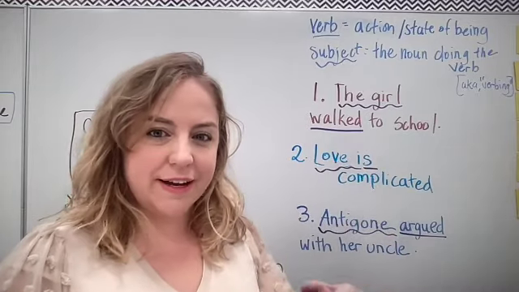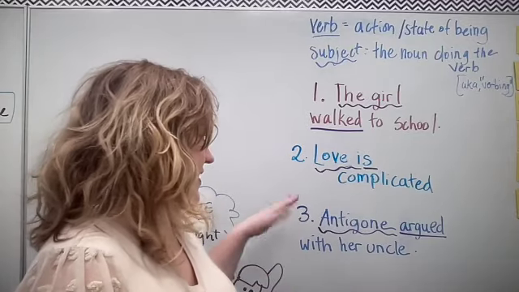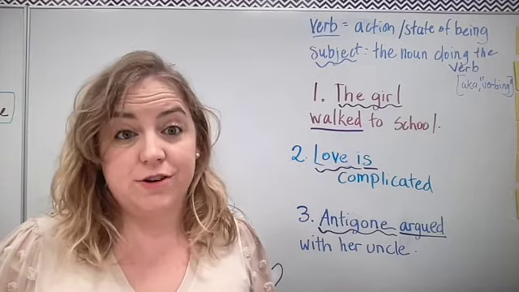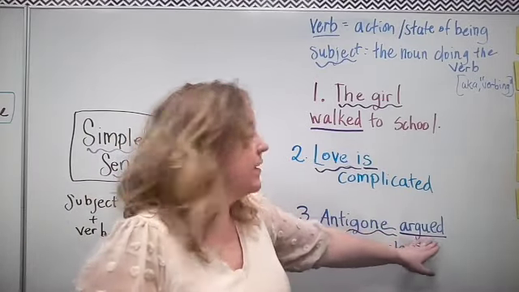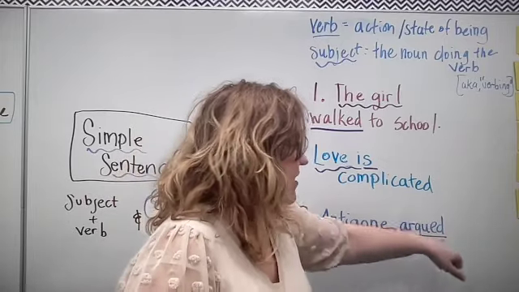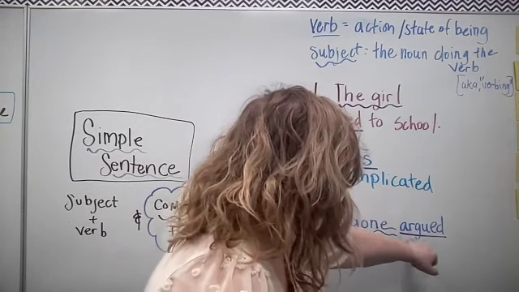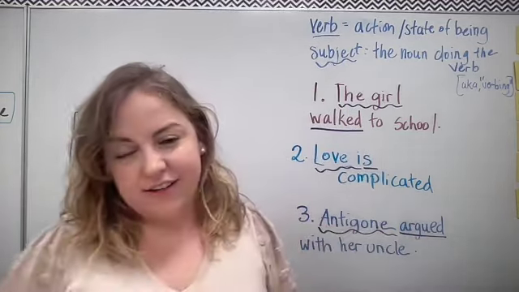What about this third sentence? "Antigone argued with her uncle." What's the verb? What's the action? The action is argued, and we see that it's a verb in the past tense. Then who argued? You find Antigone. Antigone is your subject.